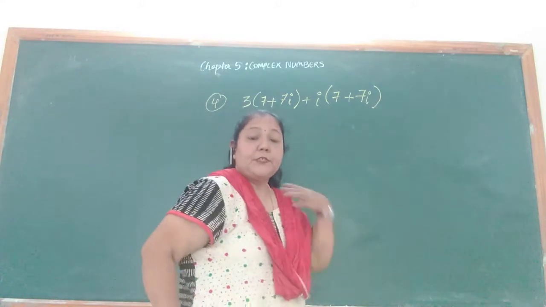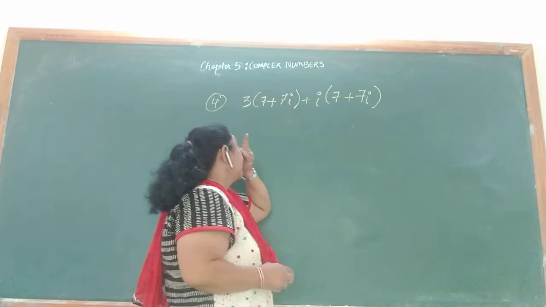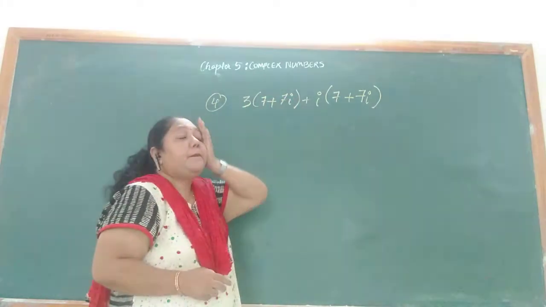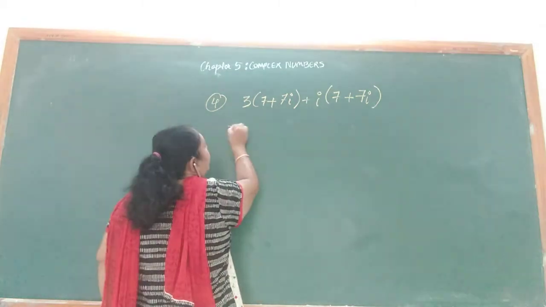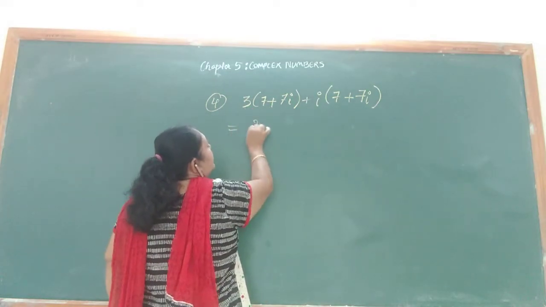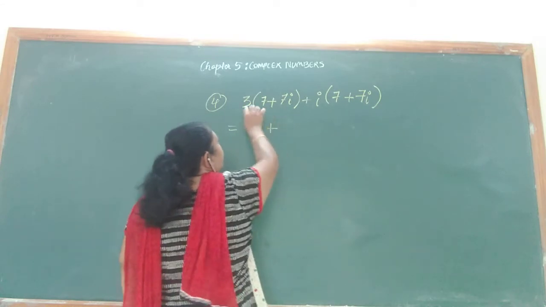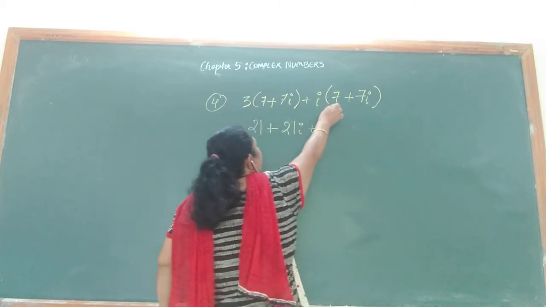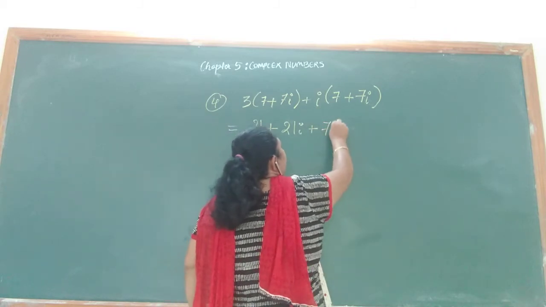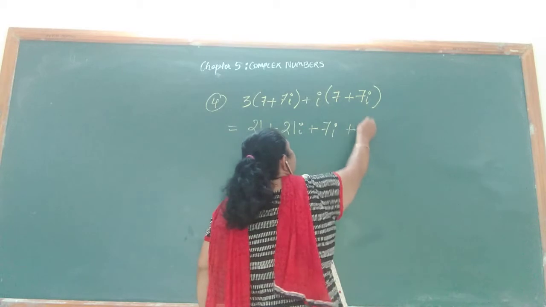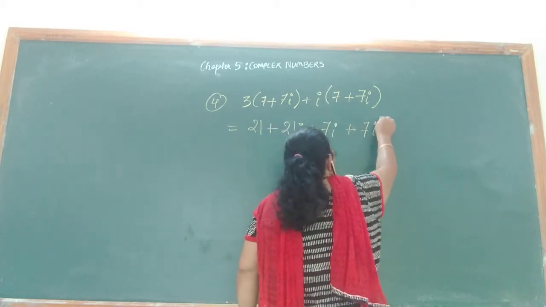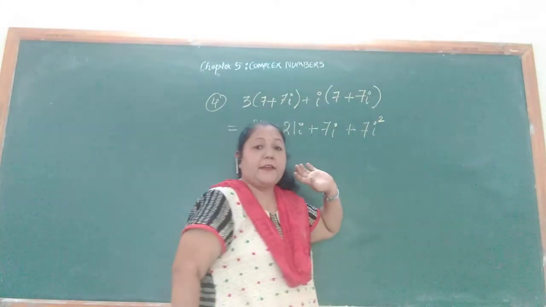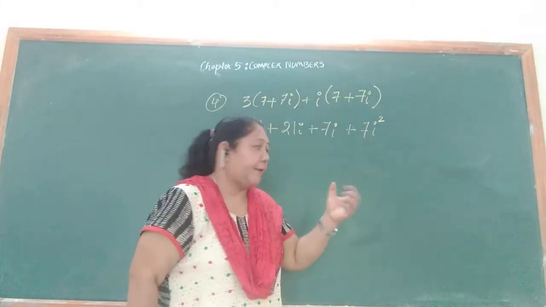So the next question which we want to deal with is 3 into 7 plus 7i, and plus i into i plus 7i. Let's first open the bracket. 3 7s are 21, plus 3 7s are 21i, plus i into 7, that is 7i, and plus 7 into i square. i into i is i square, so 7i square.